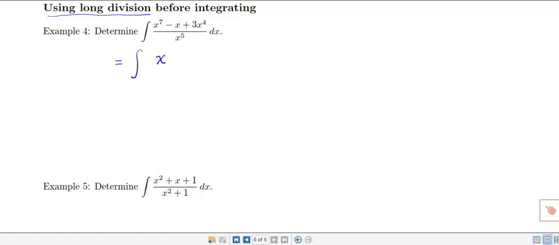So we have x to the 7th divided by x to the 5th, minus x over x to the 5th, plus 3x to the 4th divided by x to the 5th, dx.